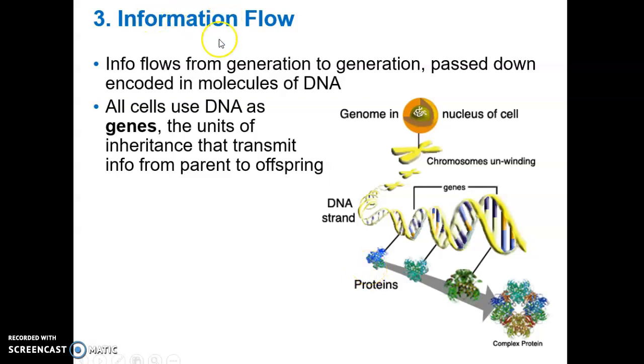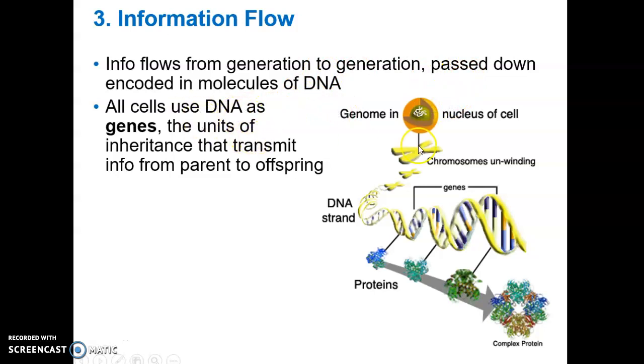Okay? So the units of inheritance that get passed along from parent to offspring, we can refer to them as genes, even though the genes are on the DNA. And as we'll find out, the DNA is clumped together into packets called chromosomes. Okay? But just at this level, our DNA is our inherited genetic material that's passed on from generation to generation.